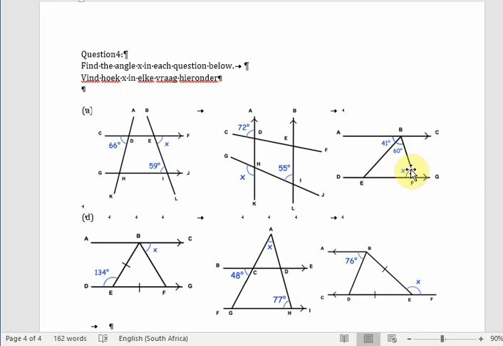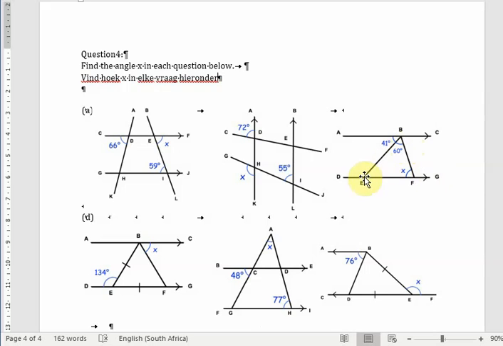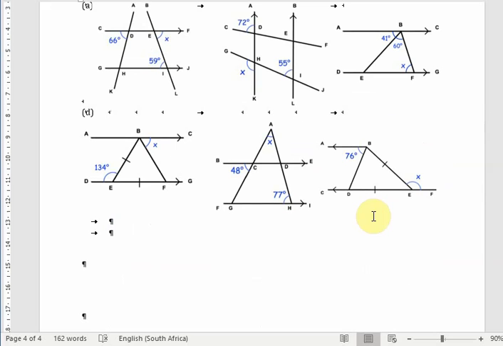Okay. So die binnehoeke van 'n driehoek almal saam tel op tot 180 grade. Daai is 60, daai is 41. Hy is 41 omdat daai verwisselende hoeke is en x is dan 180 minus 41 minus 60 en dis 79.